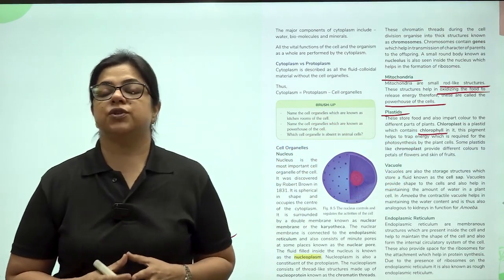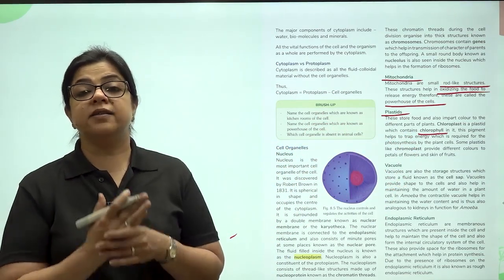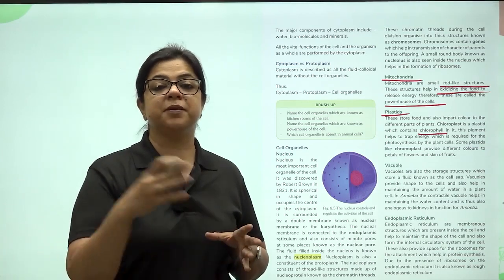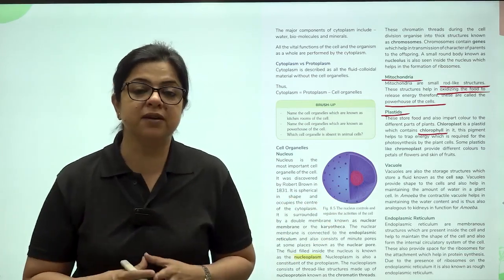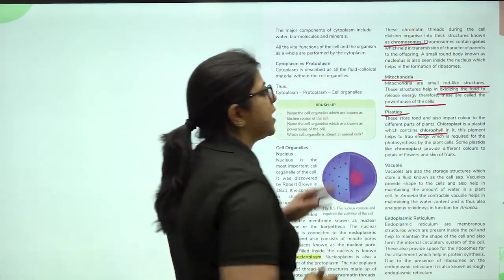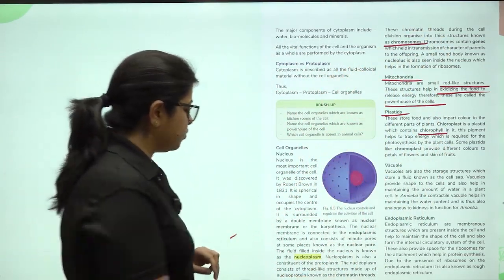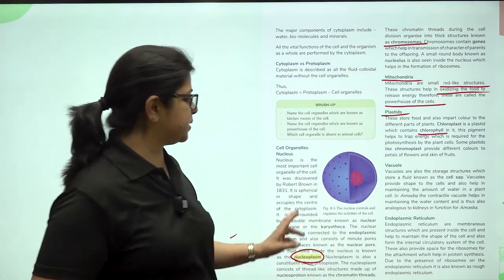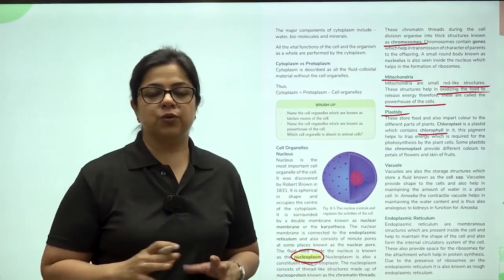Other than all this, children, where do we find the material that makes sure that the parent and the child are similar? The genetic material is found in the chromosomes, and the chromosomes are found in the nucleoplasm inside the nucleus.